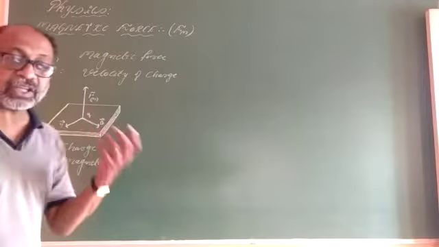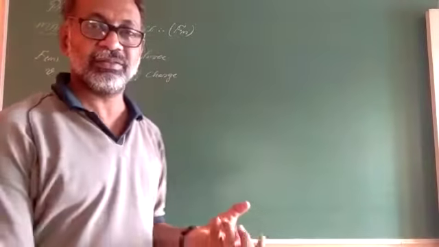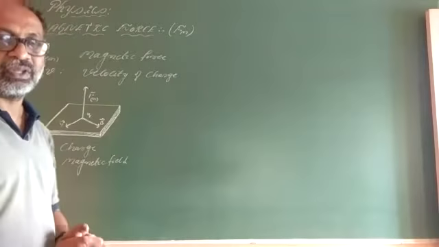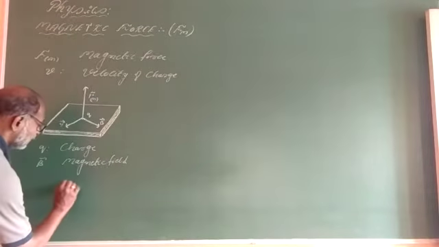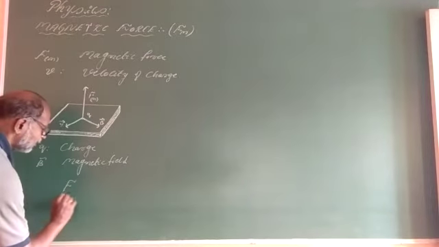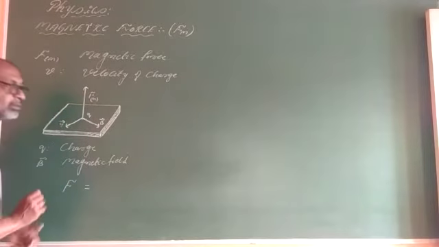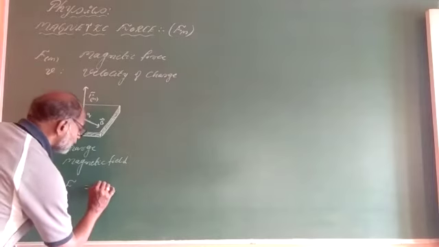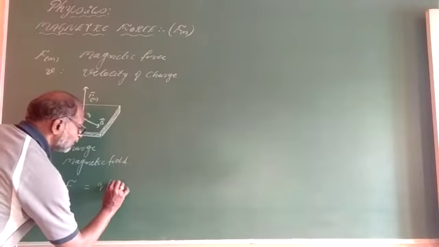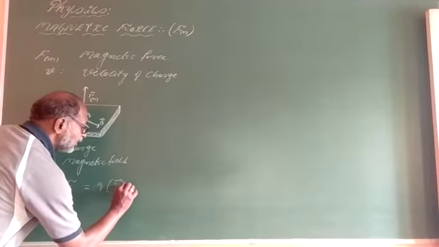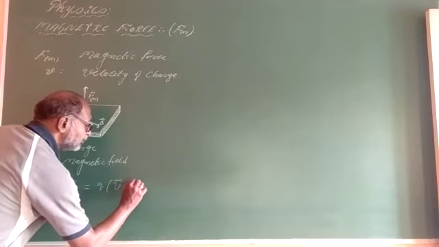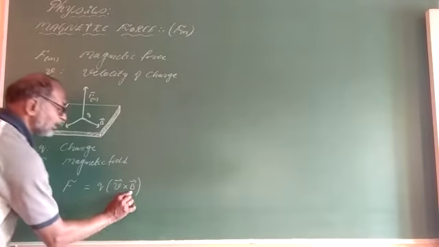So with the help of this, how do we give the force experienced by this charge? The force experienced is equal to the charge into the velocity into B, the magnetic field.